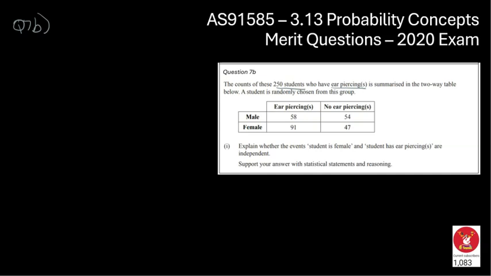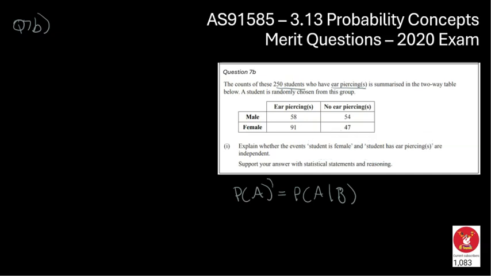This kind of independence question comes up really, really commonly. The formula I want you to remember: if events are independent, then the probability of event A will be equal to the probability of A given B. A and B are the two variables we're comparing.